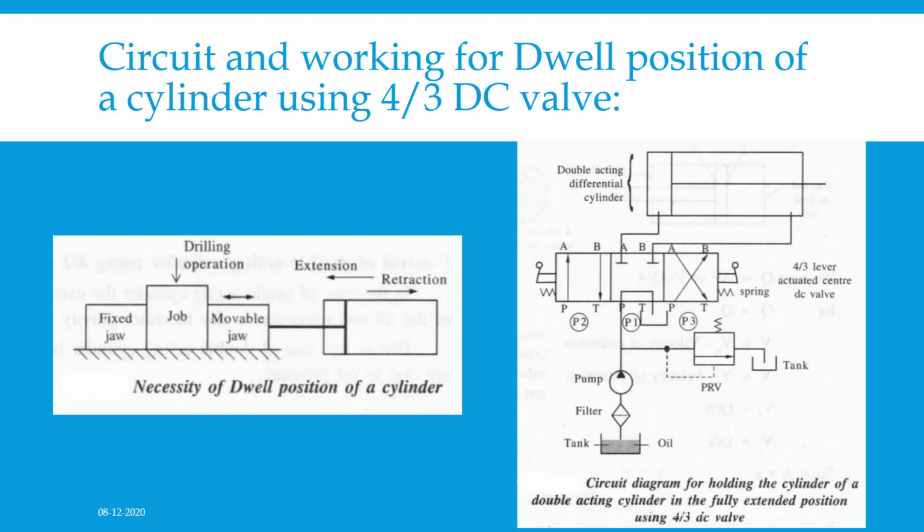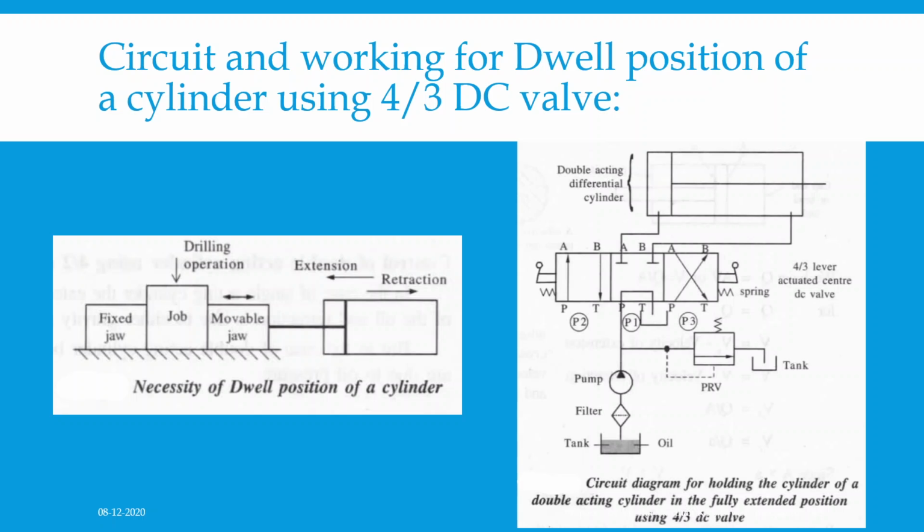After completion of the job during the extended position, the valve position is shifted to P3, wherein P is connected to B and A is connected to T, resulting in retraction of the cylinder, during which the job is removed from the fixture and another job is loaded. After the loading of the job, the valve position is shifted from P3 to P2, at the end of the extension to P1, and this continues.